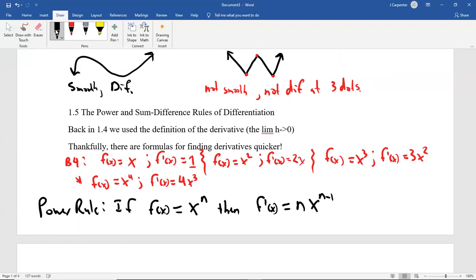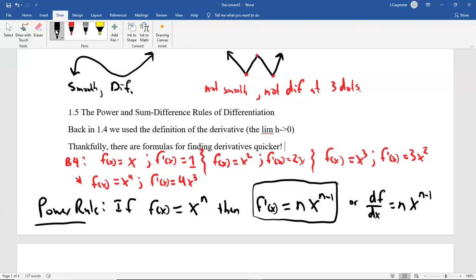See, we take whatever the exponent was, we make it a coefficient, and then we take what the exponent was, which is n, and we drop it by 1. If you prefer the other notation, if you want to write df dx, then it's n times x to the n minus 1. The formula doesn't change.